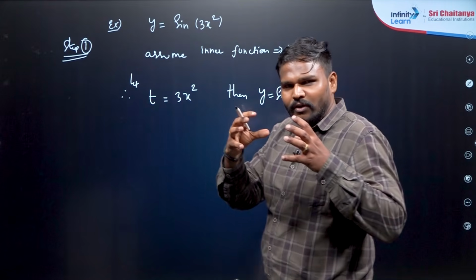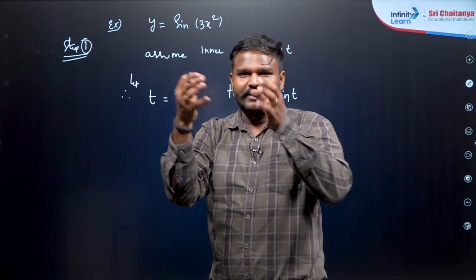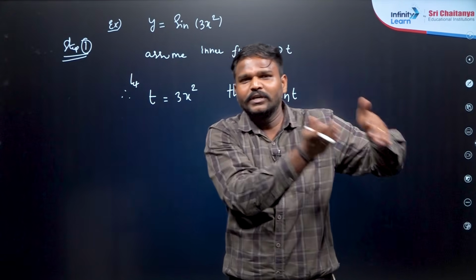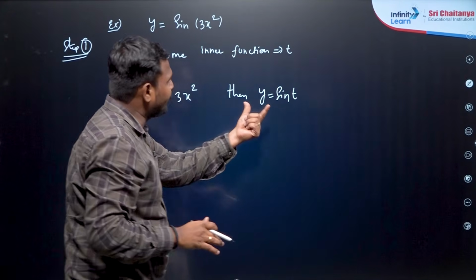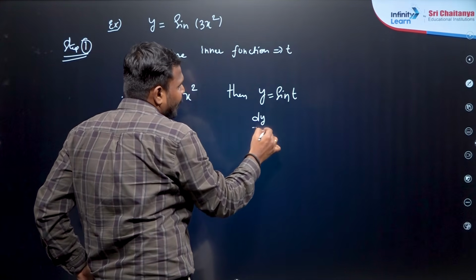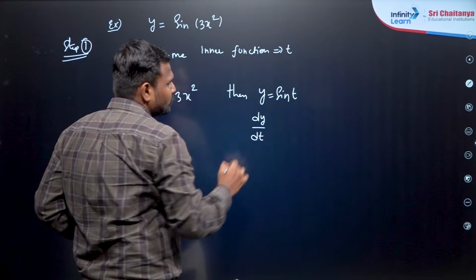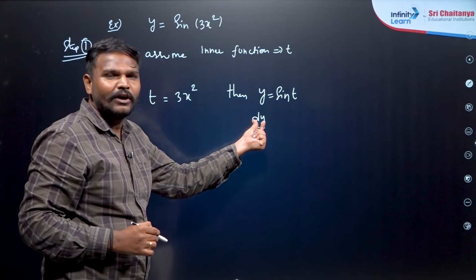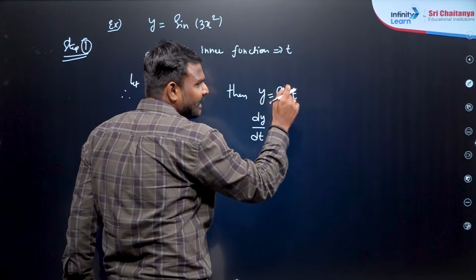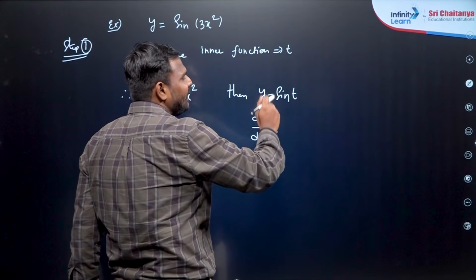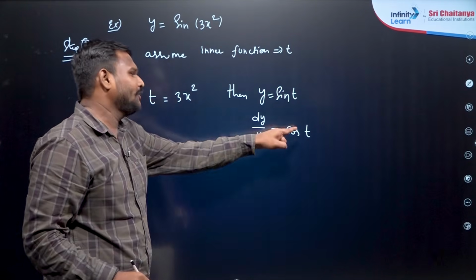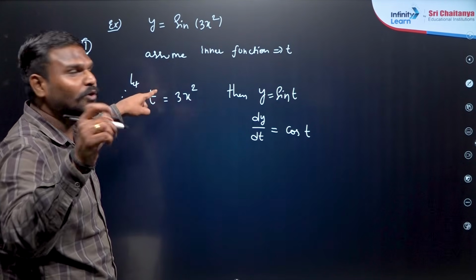Now, what was there? A function inside a function. I wrote the inner function separately and the outer function separately. In this particular thing, the dependent variable is y and the independent variable is t. So for this function, what is the derivative? Dy by dt. And I can say sin x derivative is cos x. Like that, sin t derivative will be cos t. But t you have assumed. As per the question, what is t?